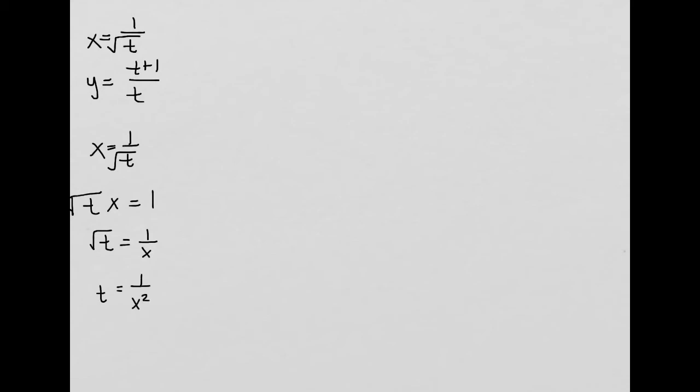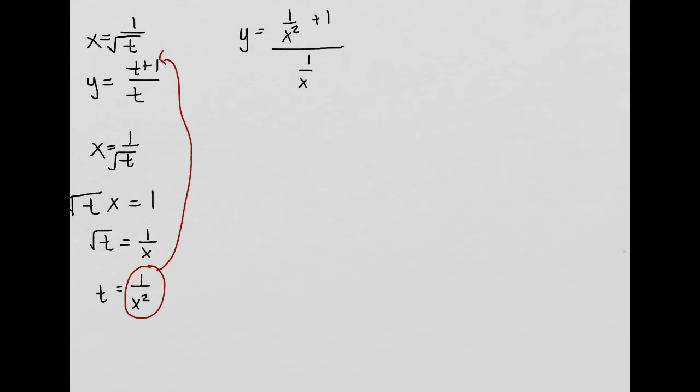We're going to substitute in, like we said before, going to this parametric equation here, and we're going to substitute in 1 over x squared every single time we see the letter t in this original equation. So let's do that over here because I'm running out of space. y equals 1 over x squared plus 1 over x squared.